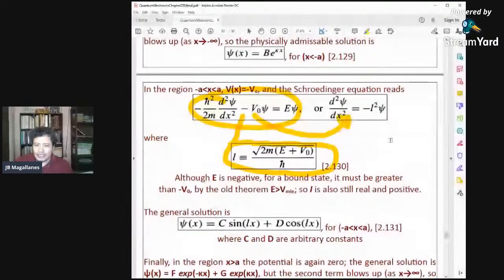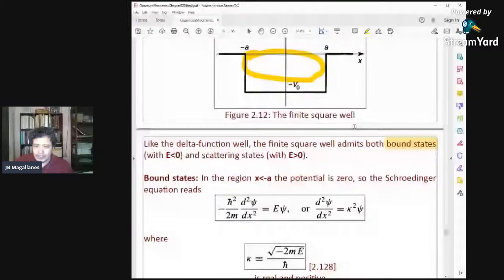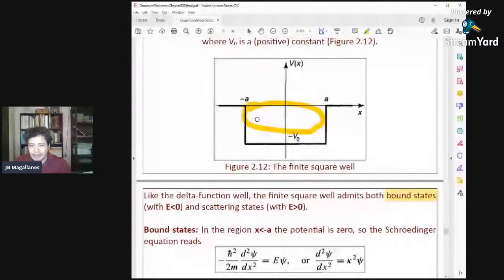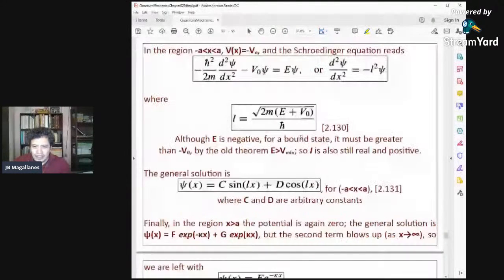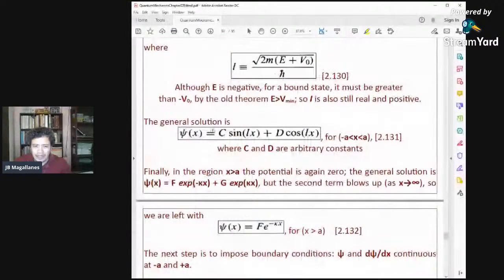Since your particle here is bounded, so your particle moves in the boundary, you will now use, instead of the exponential, this kind of solution, sine and cosine. Of course, C and D are just constants.